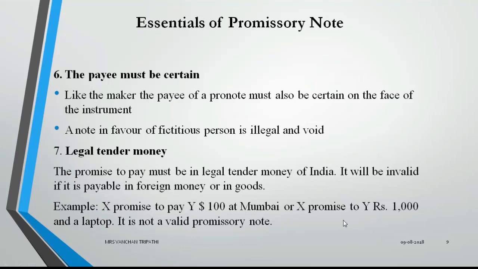Or if we are just saying that X is making a promise to Y to pay rupees 1000 only, that would be considered a valid promissory note. But because there is the promise of giving a laptop from X to Y, that is why this promissory note became invalid.